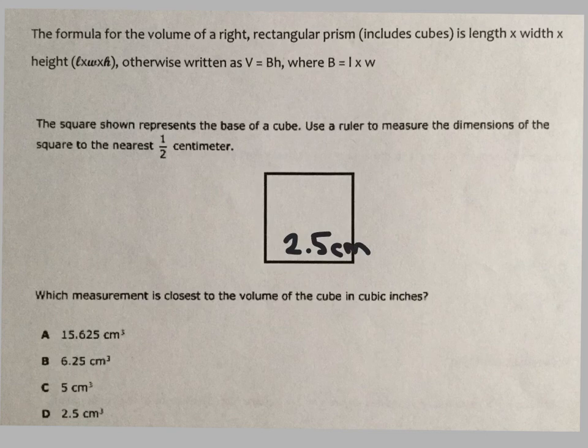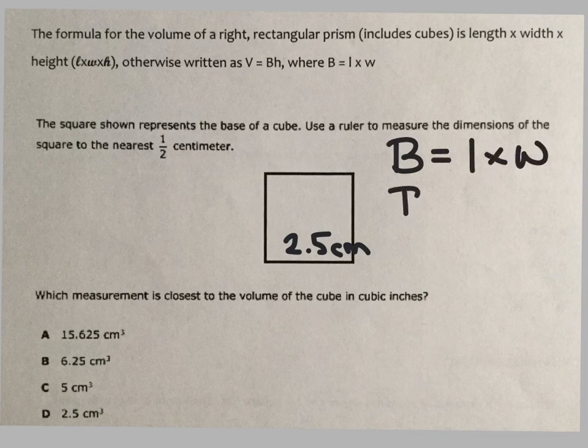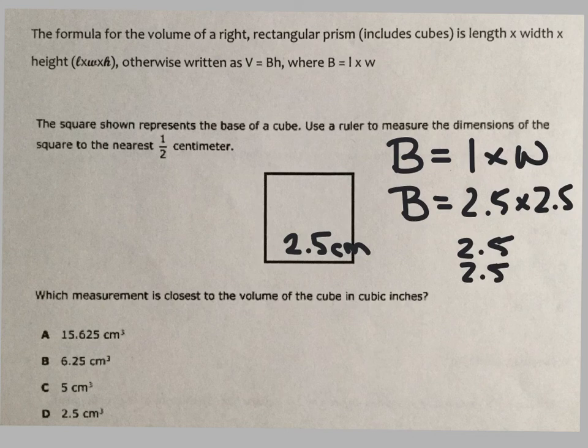To find big B, we need to multiply the length times the width. So big B would be equal to 2.5, the length, times 2.5, the width. Since it's a square, all four sides are the same length. 2.5 times 2.5, when I multiply decimals, I count the number of digits to the right of the decimal, and I add those to know how many digits need to be to the right of the decimal in my product.